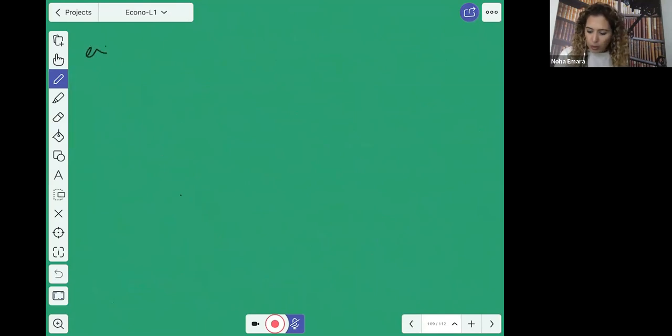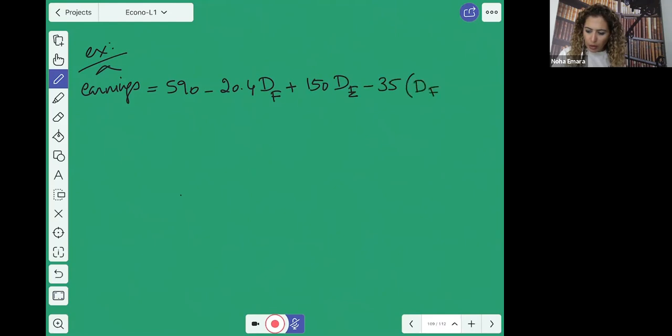Suppose earnings hat is equal to 590 minus 20.4 dummy for females, that takes 1 if the person is a female, 0 male, plus 150 dummy for experience, that takes 1 if experience is 3 or more, minus 35 dummy female multiplied times dummy experience.